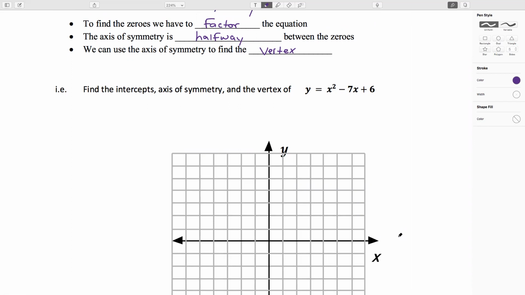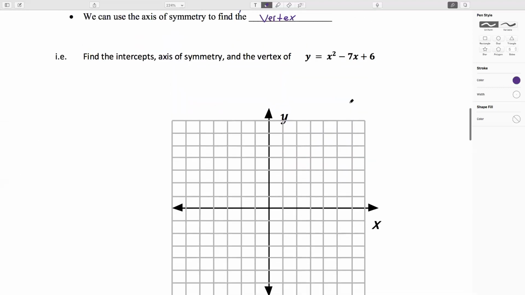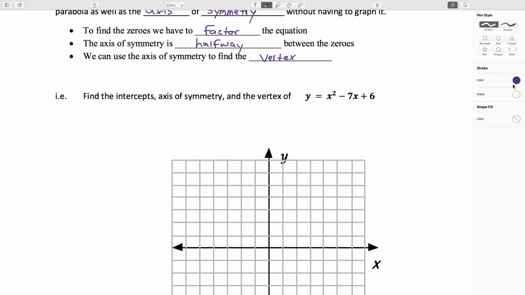So we've got y equals x squared minus 7x plus 6. Let's start by factoring the function, and maybe we'll keep a tally of things over here that we want to know. We need two numbers that add to minus 7 and multiply to 6, and those numbers are minus 6 and minus 1. So this is what it looks like in factored form.